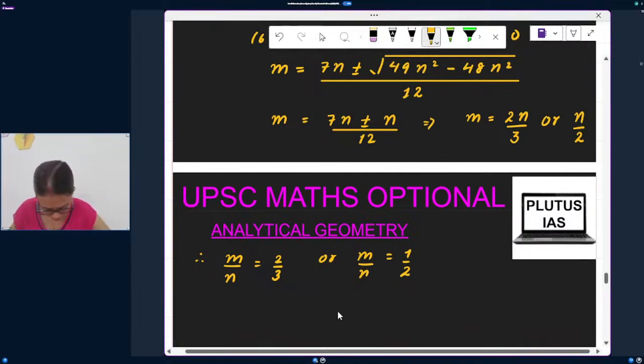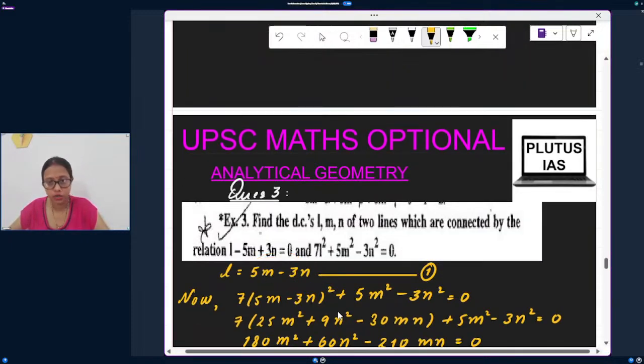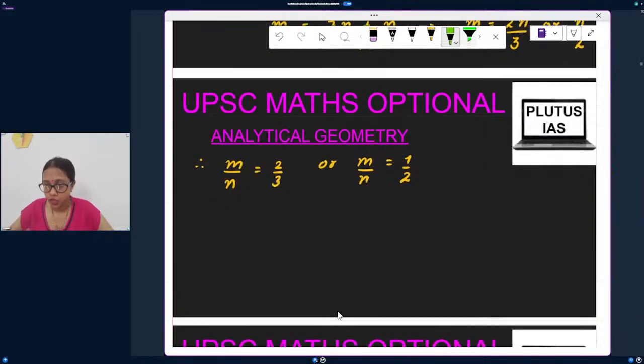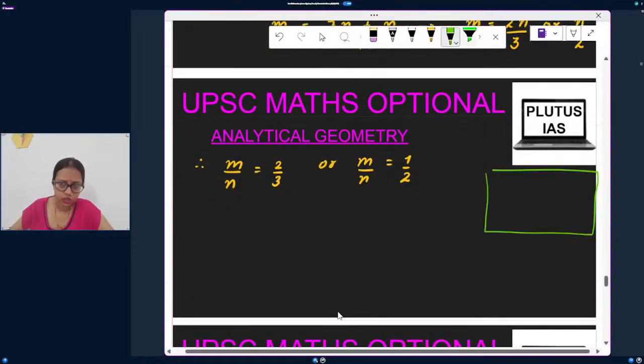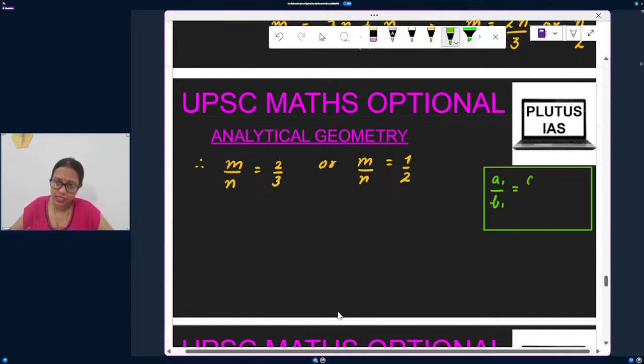From here, you can find out l also. What was l? In equation 1, l was 5m minus 3n. This is a basic fraction result. When we deal with fractions, a by b is equal to c by d, then you can write this as equal to some constant k1 times a plus some other constant k2 times c.